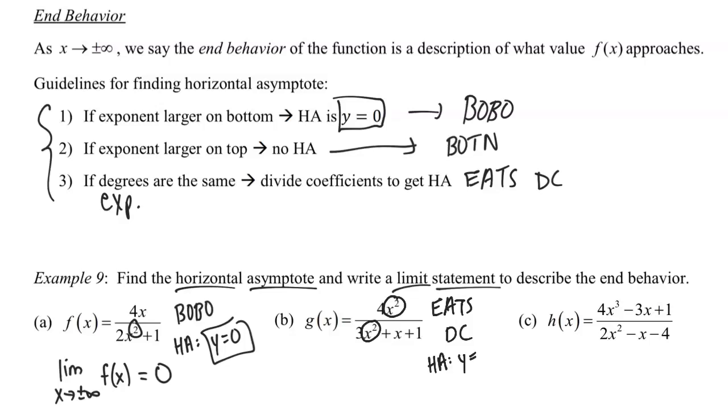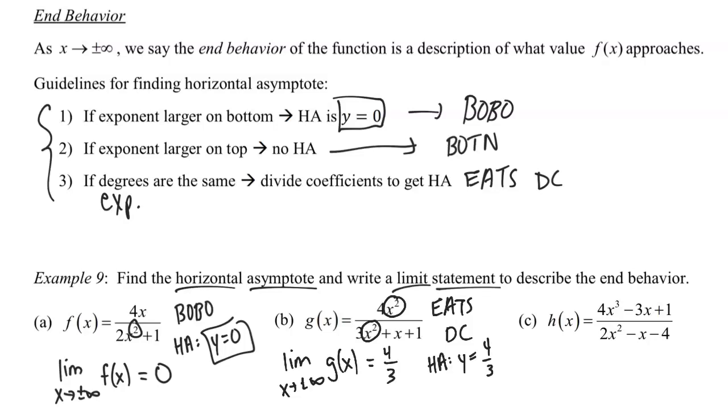So those coefficients in the numerator is a 4, and in the denominator is a 3. And so our horizontal asymptote is the line y is equal to 4/3. To write that as a limit, we're going to say the limit as x approaches positive and negative infinity of the function, which this time is called g of x, is equal to 4/3.